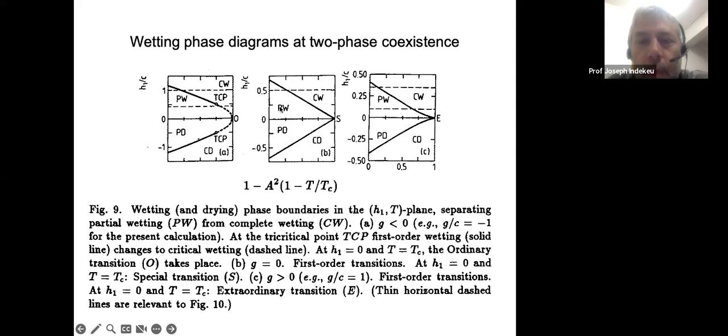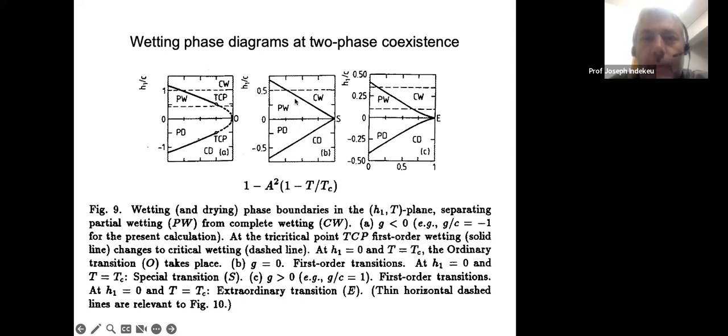So imagine we're coming from a point over here, and we drive the temperature towards the critical temperature. Then we will cross the phase boundary, which is called the first order wetting transition, from the partial wetting to the complete wetting state. If the surface field is negative, we could talk about drying instead of wetting if we wish, and we would go from partial drying to complete drying as we cross that line.